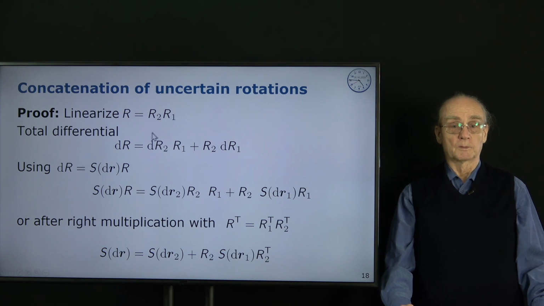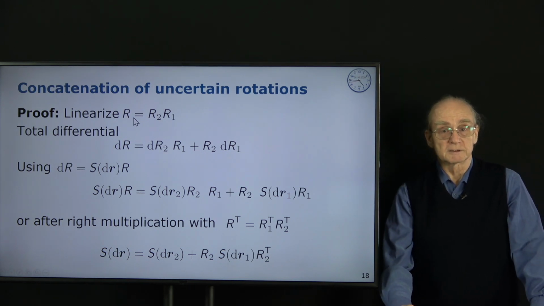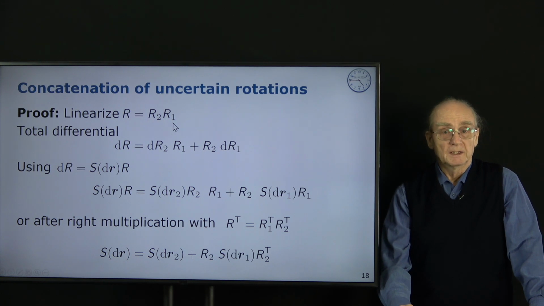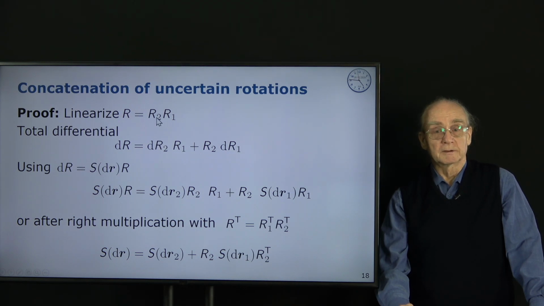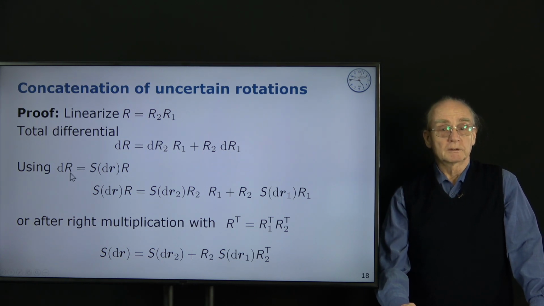So let's assume we have this relation R equals R2 times R1. We again take the total differential, which is dR. Now we take the differential of R2, which is dR2 times R1, and then we take R2 and multiply it with the differential of R1. Okay, now we take our result from the first slides of this lecture and use the relation between the dR and the skew-symmetric matrix of some vector.